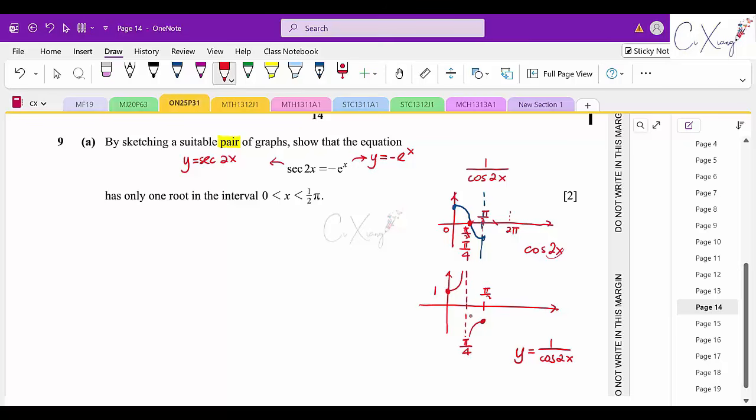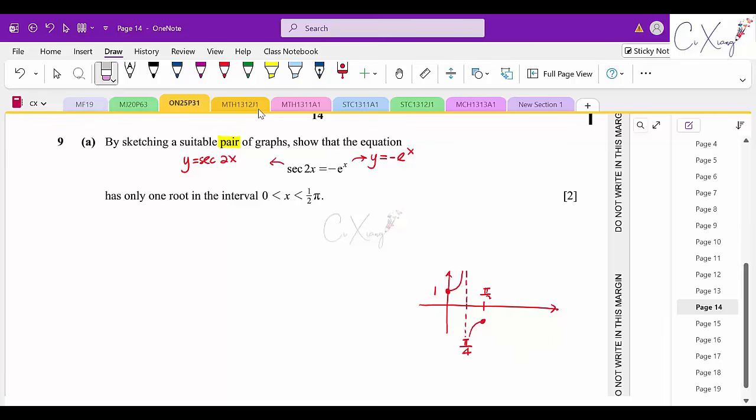And this is 1 over cos 2x, which is the secant 2x graph, between 0 and pi over 2. And this is basically how I always remember how to sketch the secant 2x graph. Of course, some students prefer to memorize everything. So if you're able to memorize the graph, then of course you can go ahead with it. So this is the graph for secant 2x.